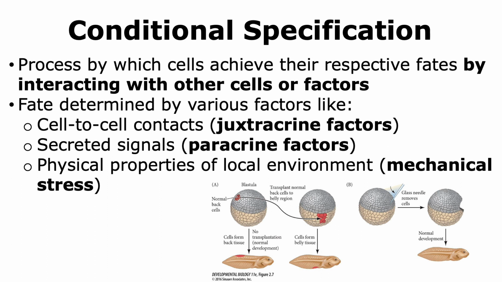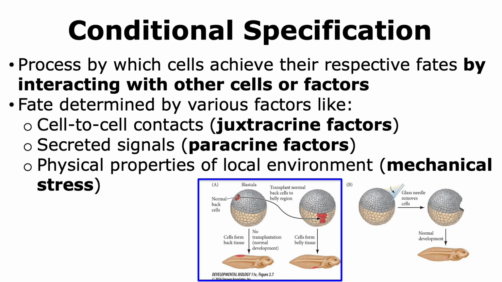An example of conditional specification is shown in the figure below in the blue box. Here in the top part, we have a blastula where you have numerous cells available. If we take cells that are going to be normal back cells and put those cells into a part of the blastula that is different from their origin, when we look at the embryo, we find that the cells are going to form whatever the neighboring cells were.